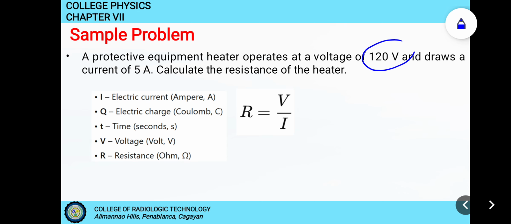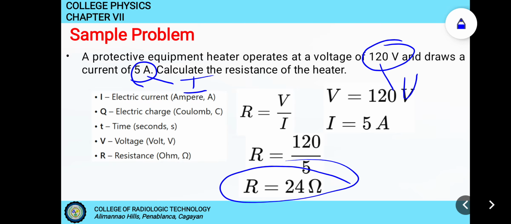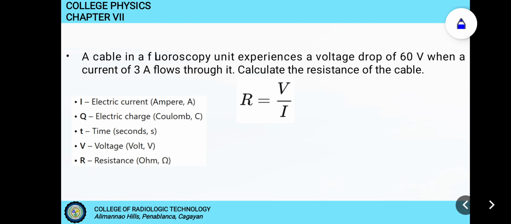This 120 volts is our V, and this 5 ampere is our I. Substituting it is quick: 120 divided by 5 gives you 24 ohms. That is now your resistance. The resistance of the heater is 24 ohms.